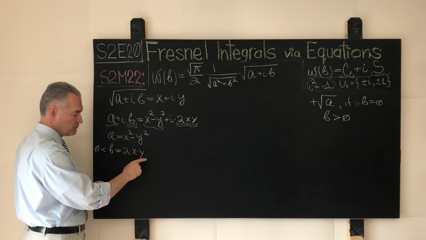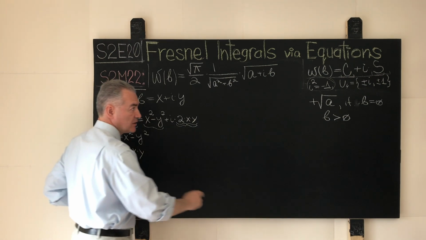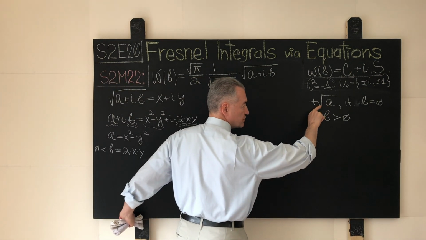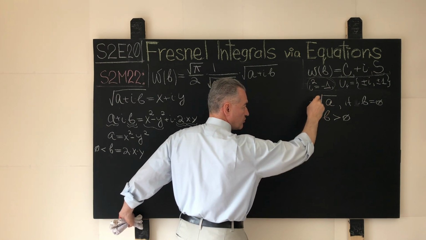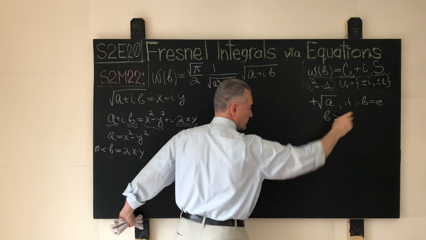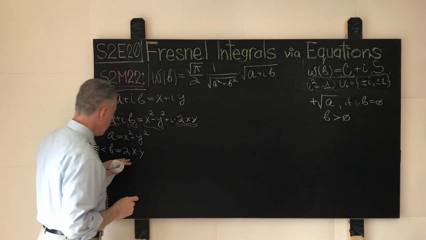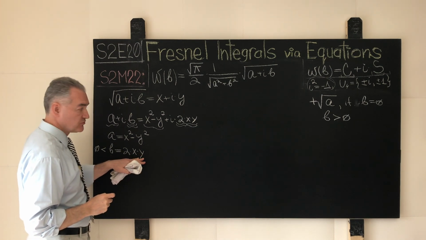Either x and y are both positive or both negative. But the observation that we choose the branch of the square root so that we obtain plus the square root of a if b is 0, will actually lock in only positive x's and only positive y's in a moment.